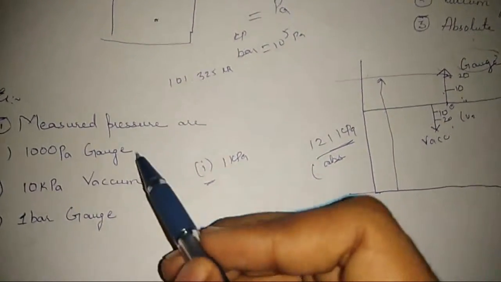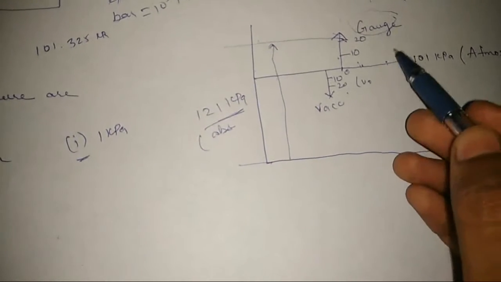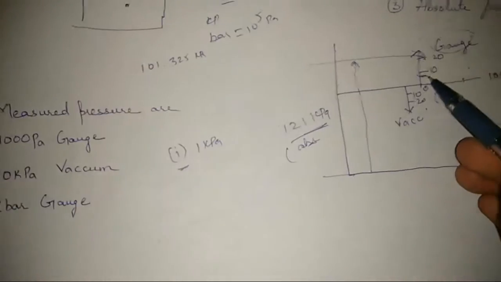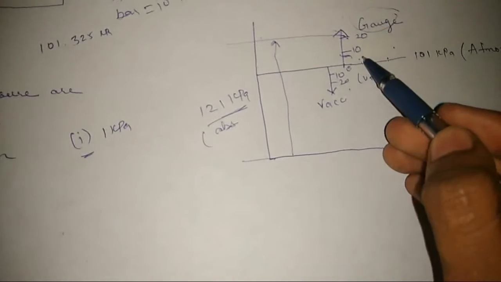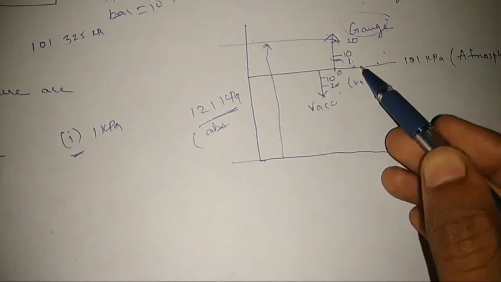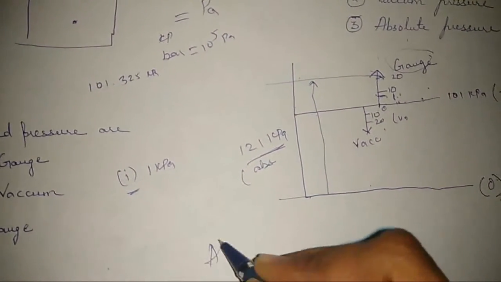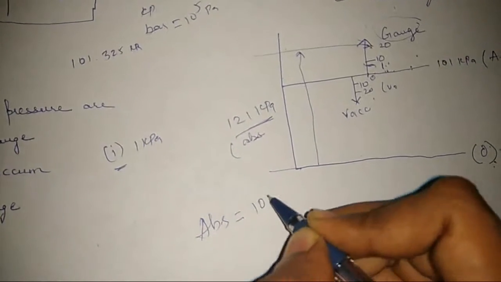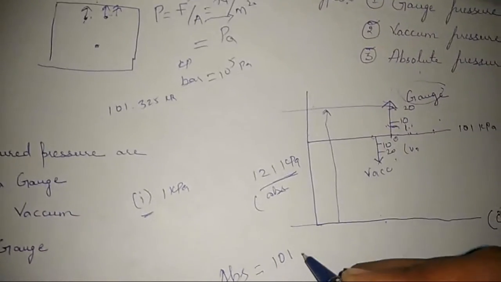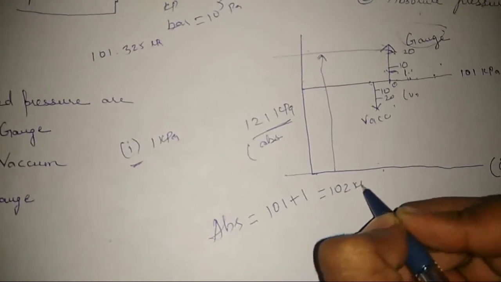This is a gauge pressure, and gauge means measuring above atmospheric pressure. He has measured 1 kilopascal above this reference line. Coming from down up to here we have 101 kilopascals, and going above we have 1 kilopascal. So the total absolute pressure is 101, up to here, plus 1 measured as gauge. We add one more and get 102 kilopascals.